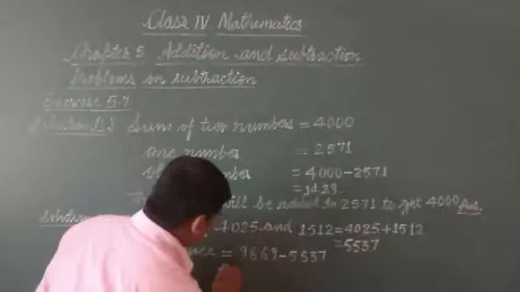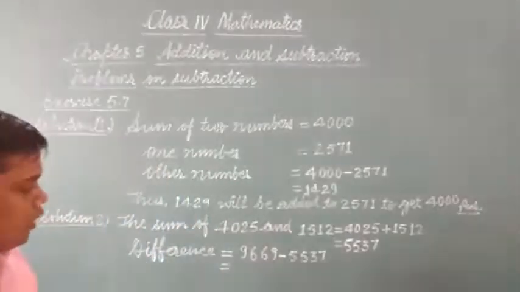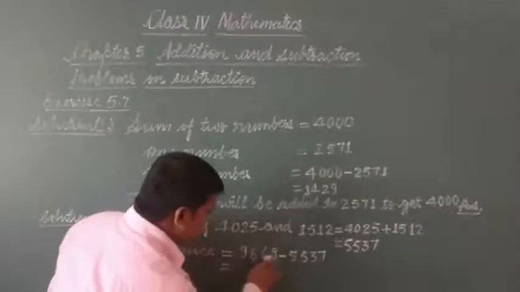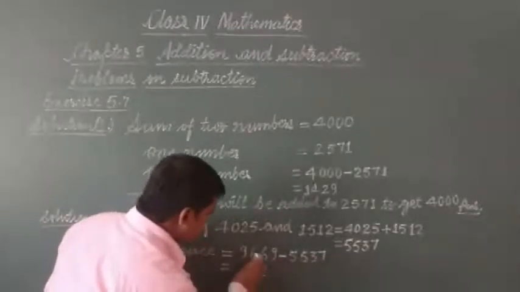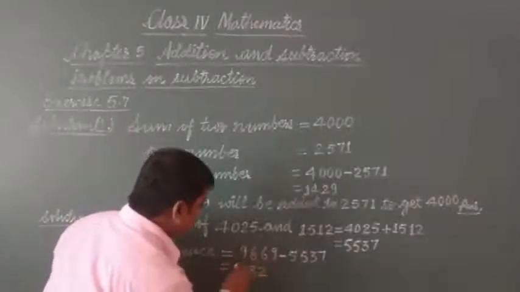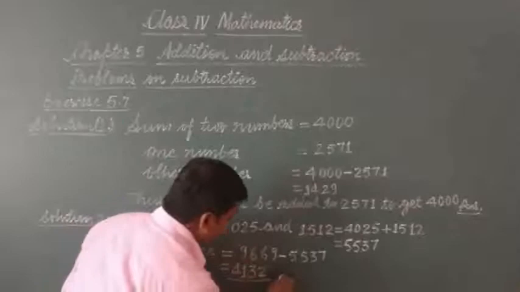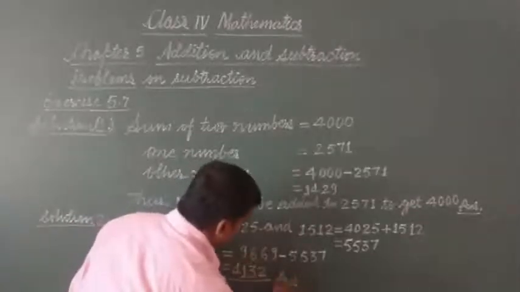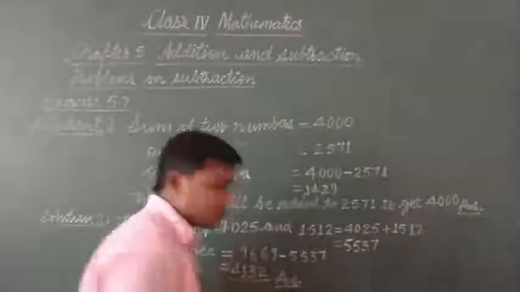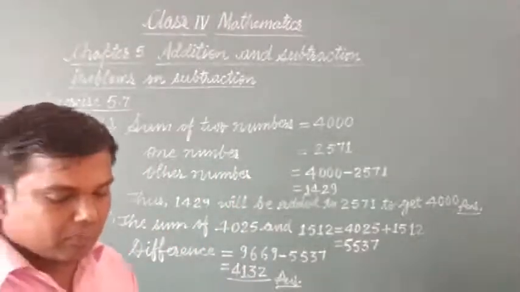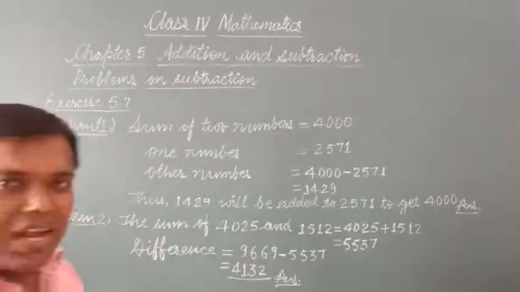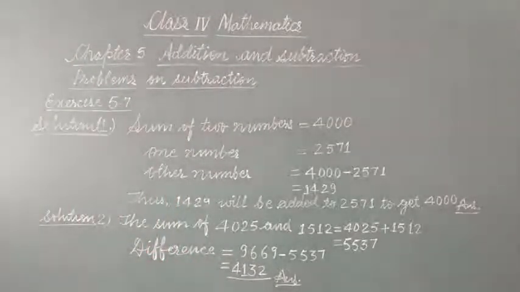You will subtract it. You will get 9 minus 7, 2. 6 minus 3, 3. 6 minus 5, 1. And 9 minus 5, 4. 4132. This is the required difference. 4132.